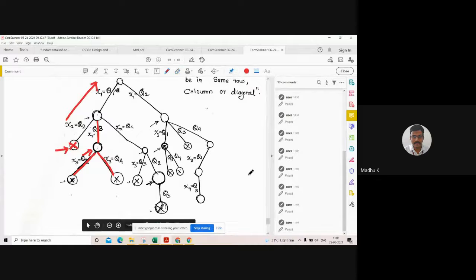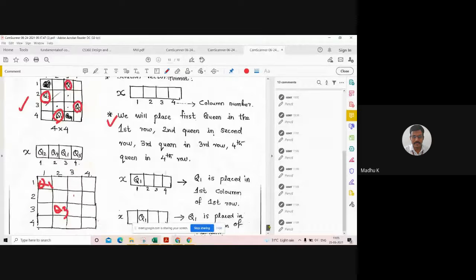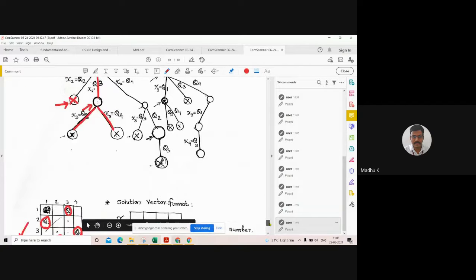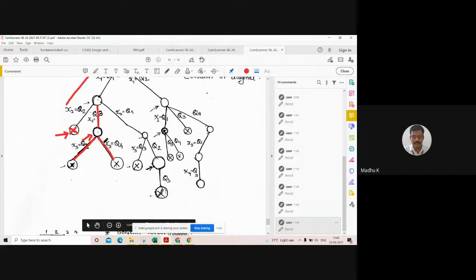I will try to place Q4 in the third column. So third column means this. Okay, here I will place Q4. Then, before creating the next node where I want to place Q2, I will check whether this solution is acceptable or not.